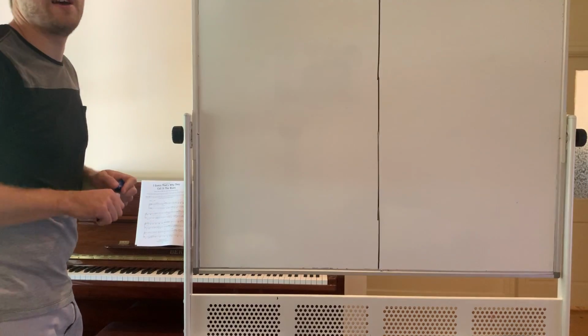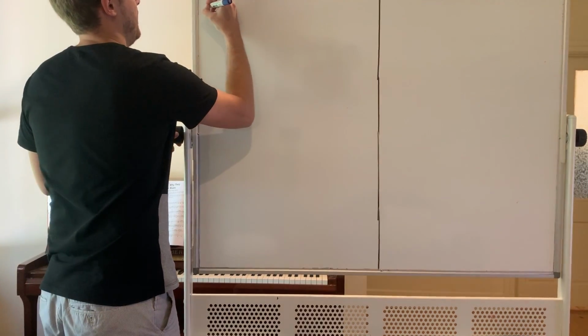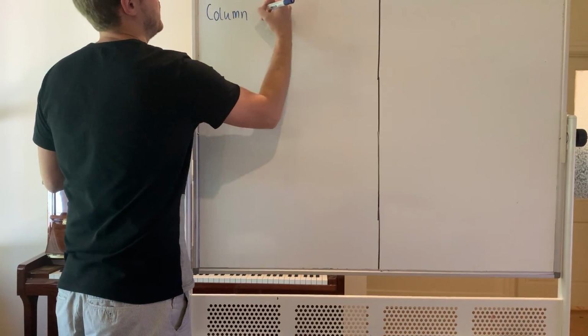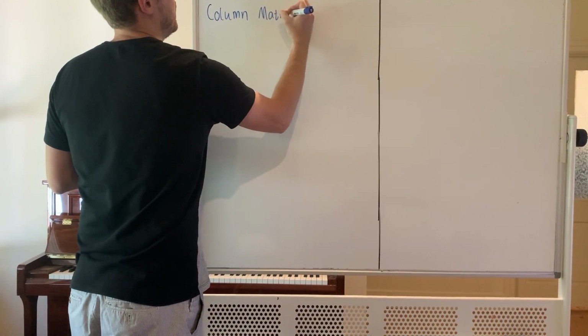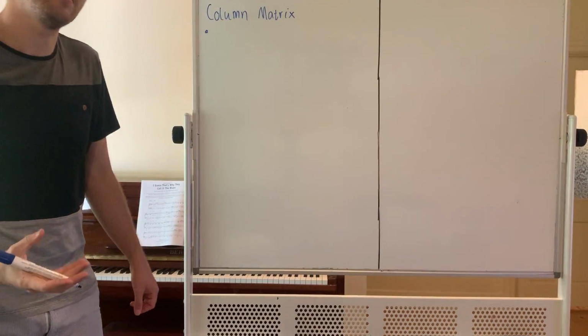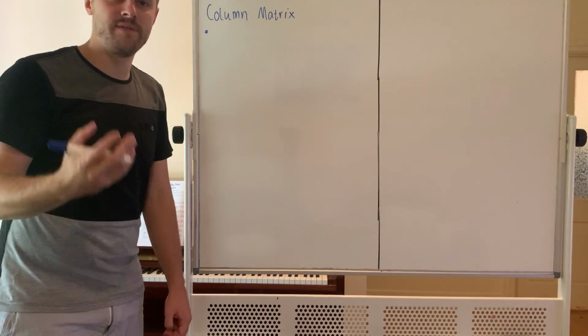All right, we also have what's called a column matrix. They're pretty straightforward. They're just a matrix or a set of matrices that have just one column.